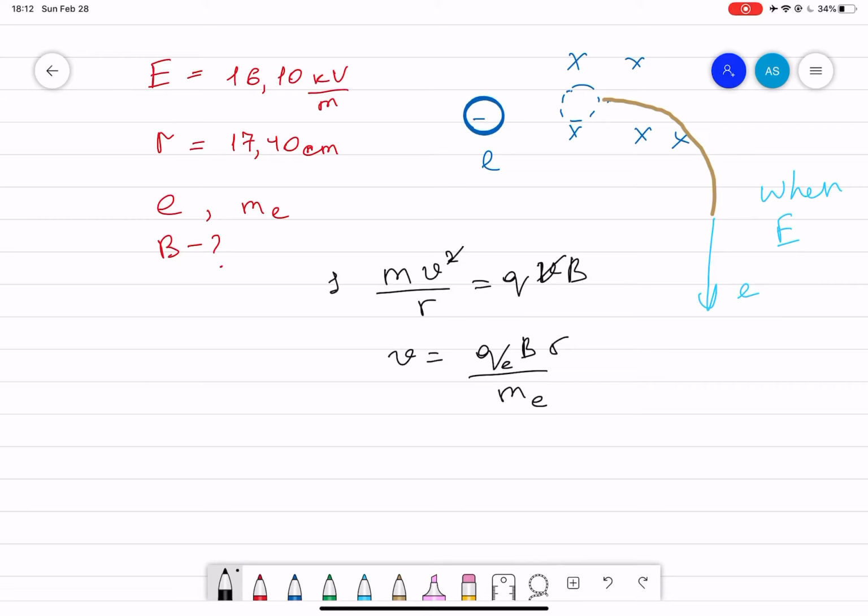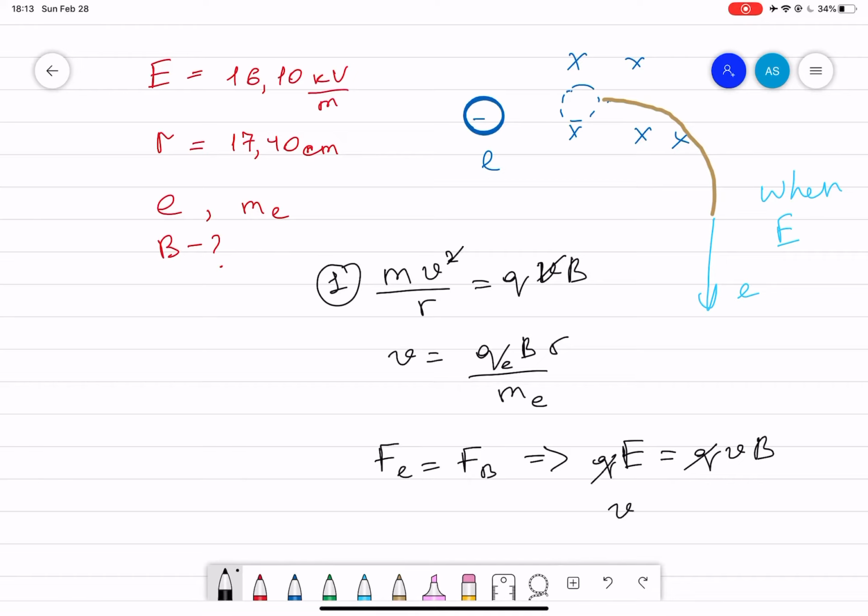Now, when the electric field is applied, it makes the electron move along a straight path. If that's the case, then we know that Fe is equal to Fb, so qE is equal to qvB.